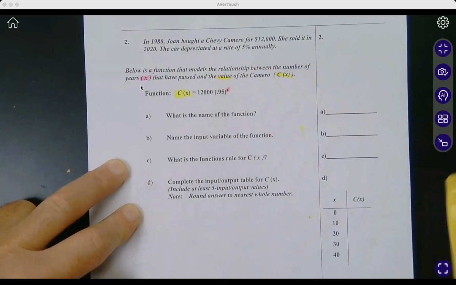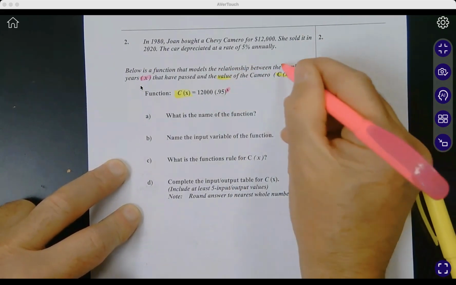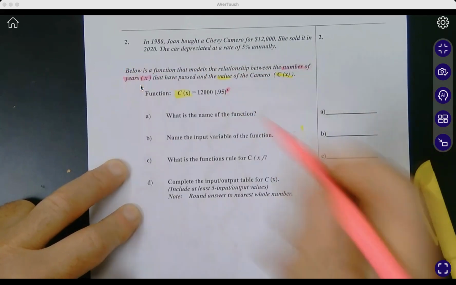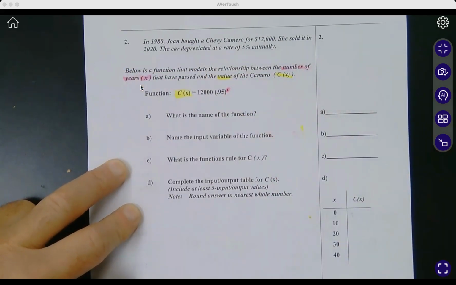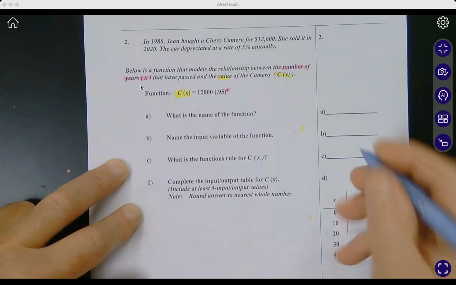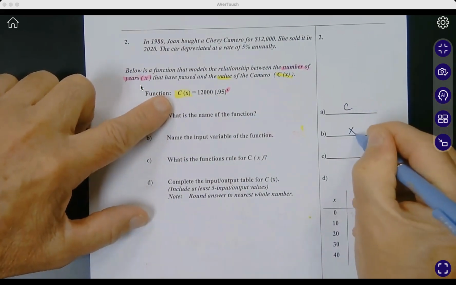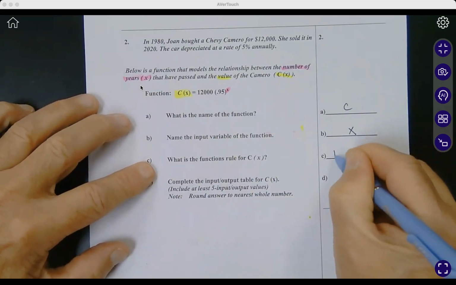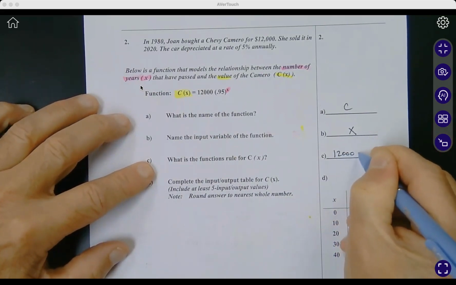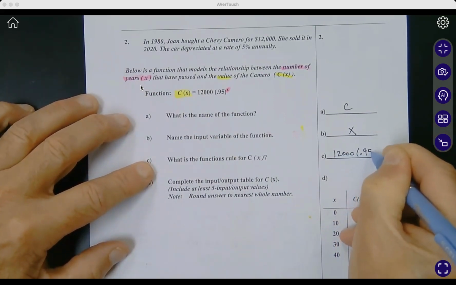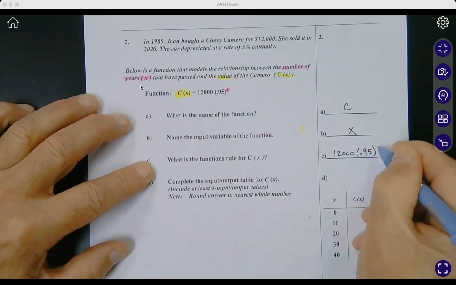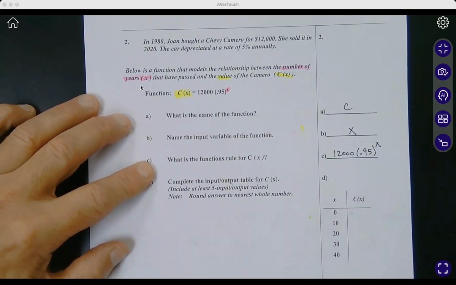So value and number of years. All right, so make sure we're looking for those prompts. What is the name of that function? Well, that's C right there. Input variable X. What is the function rule? 12,000 times 0.95. I know an open parenthesis next to a number means multiplication, and a power of X.